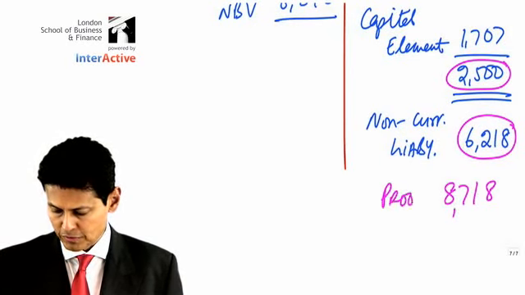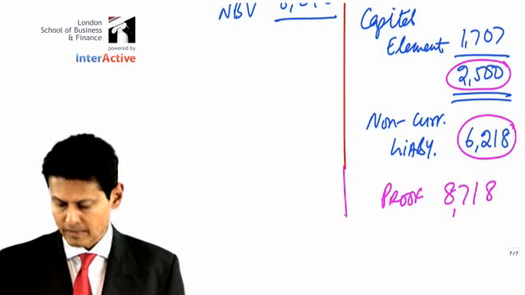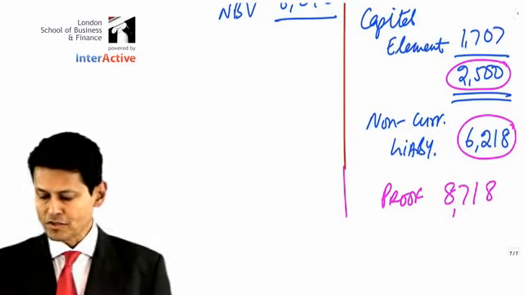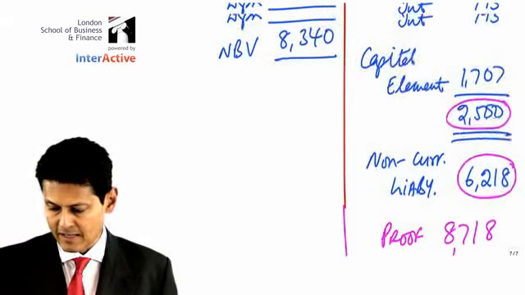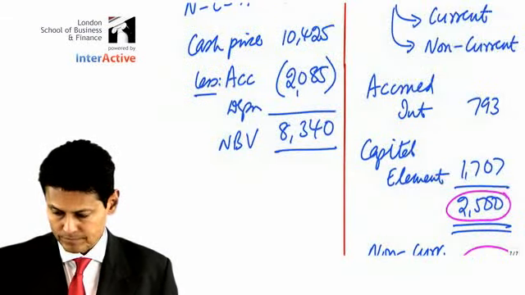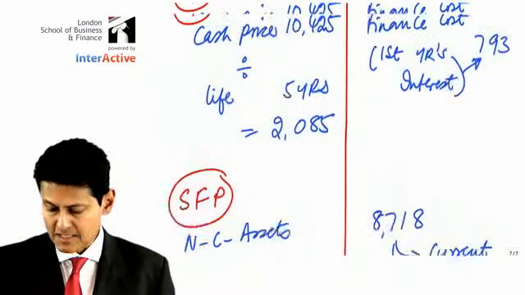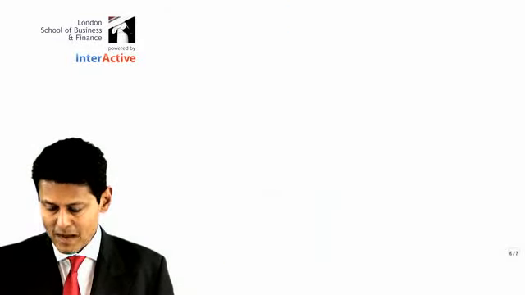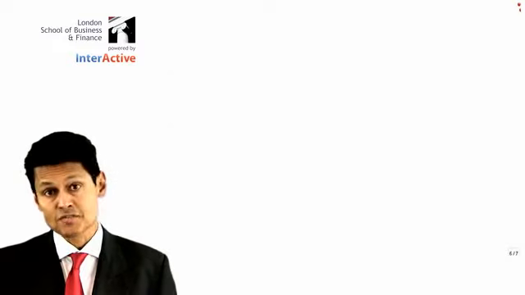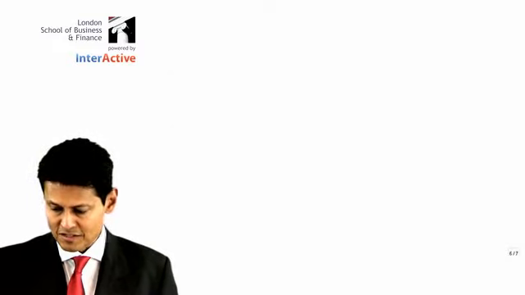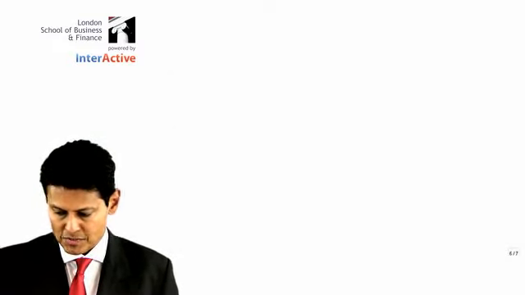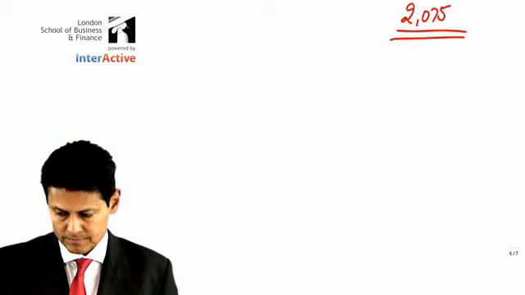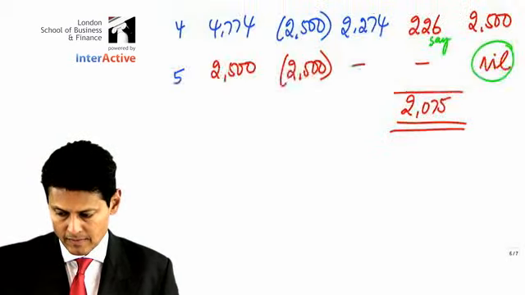So that's the proof. The key point to remember, if I take you back to the table, is that the 793, the first year's interest, is part of the second year's first payment of 2,500. Extremely important to grasp that point.